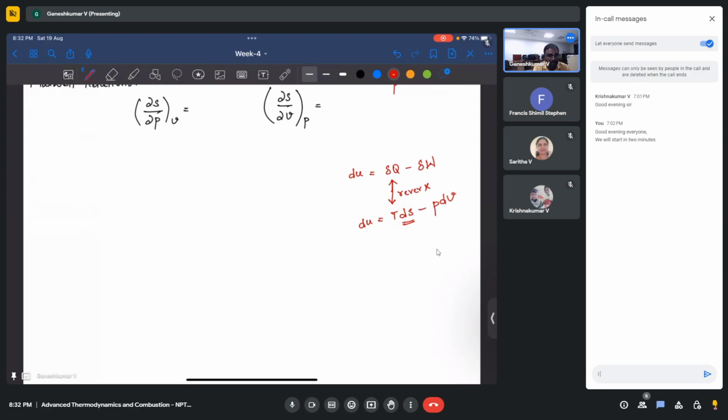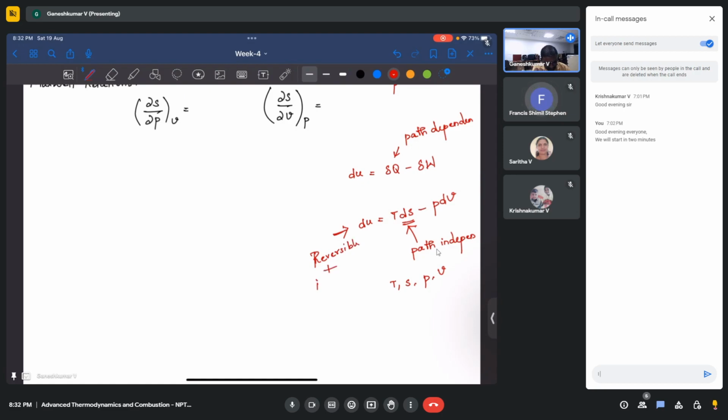It doesn't depend on the path, but δQ depends on the path, whether reversible or irreversible. TdS does not need to know that; it is path independent. T, S, P, and V are all state functions, not path functions. So this is true for both reversible and irreversible processes.